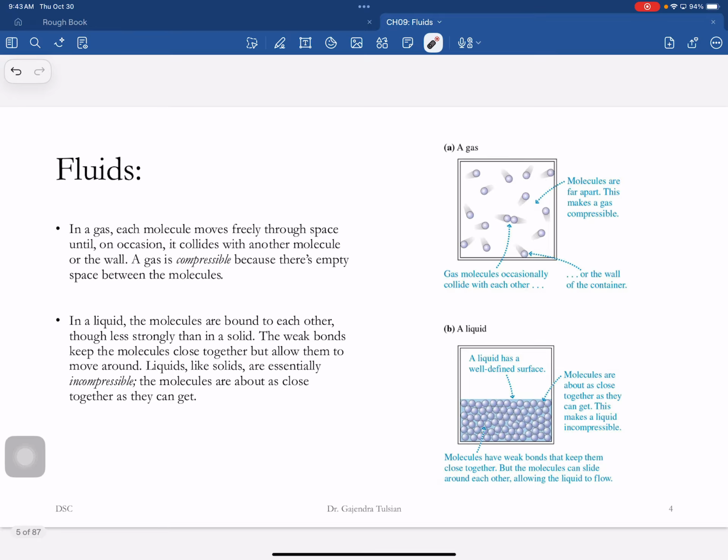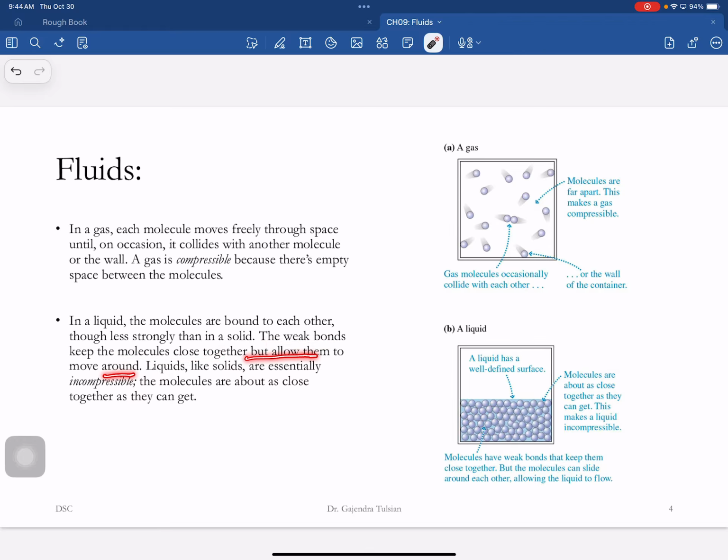A gas is compressible. What do you mean by compressible? You can decrease its volume. Why is it easy to decrease its volume? Because of all this empty space. In a liquid, the molecules are bound to each other, though less strongly than in solids. The weak bonds keep the molecules close together, but allow them to move around.